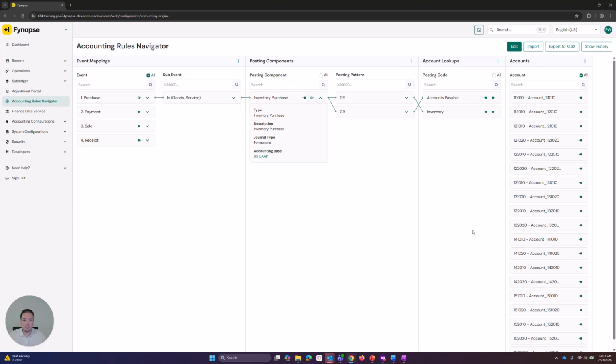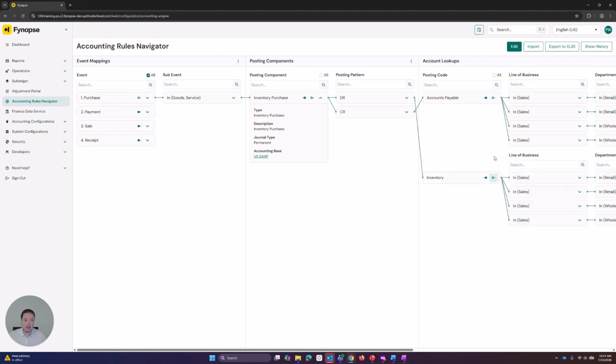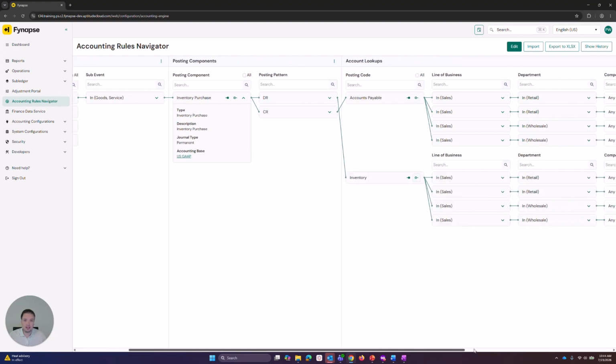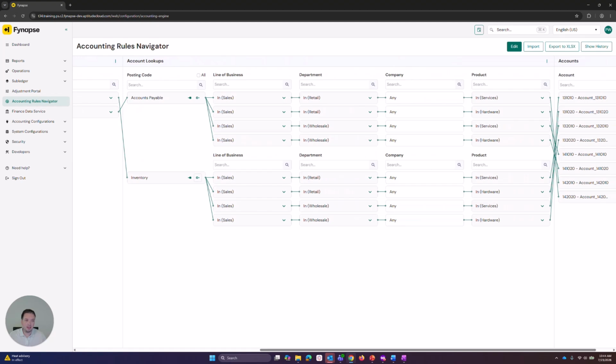Now, when we move further down the line, the accounting engine evaluates which business dimensions accompany the transaction. In this particular configuration, it considers attributes such as line of business, department, company, and ultimately product. Those dimensions determine exactly which account should be selected.